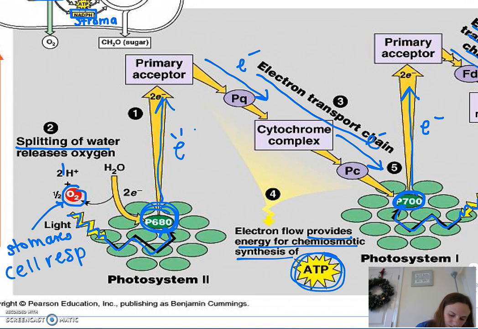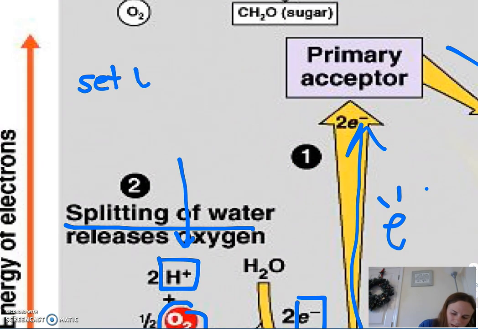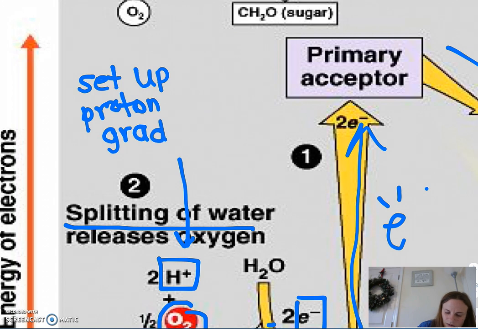Our hydrogen, remember, consists of a proton and an electron. So that proton is what's going to set up a proton gradient, and that's what is going to be formed in the thylakoid space.